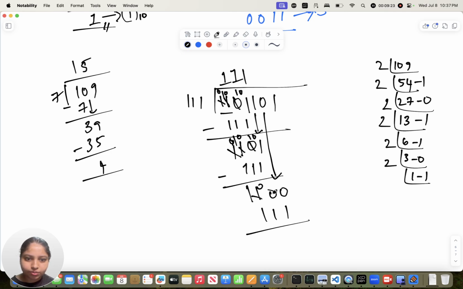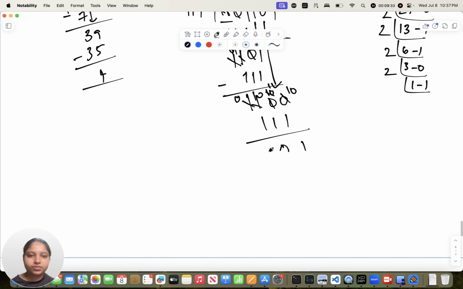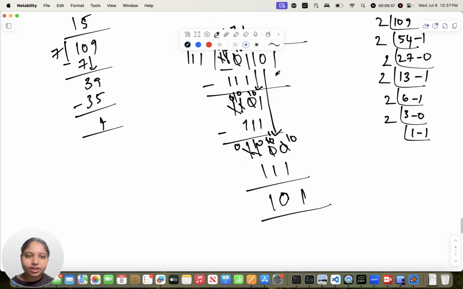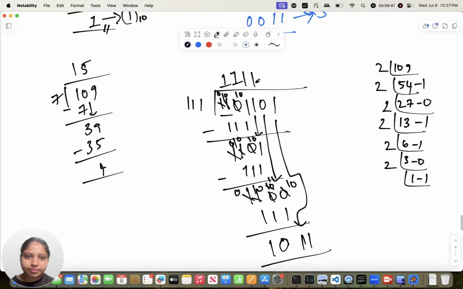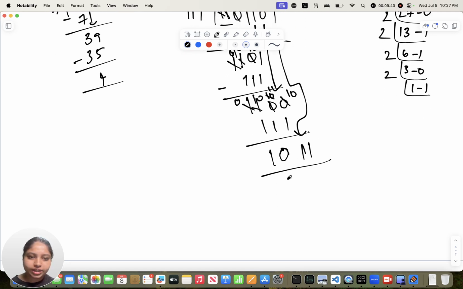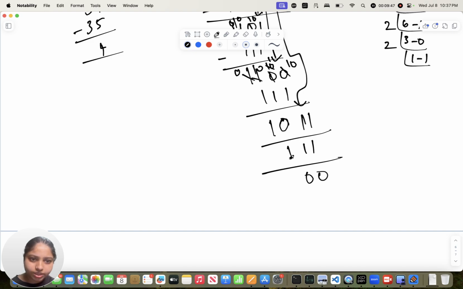Now I have to carry over, so 10 and then 1, 101. Alright, so the last number that I have to bring down is 1, again multiplying with this 1, so I have 111. So I'm gonna get 0 0 0 1 1 0.